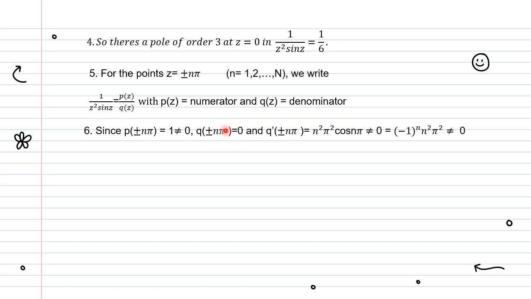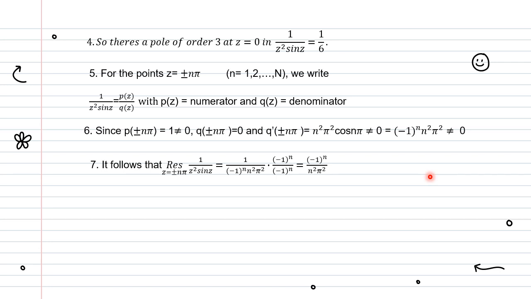Then we notice that in this case there is this certain condition where we're working with plus, minus n pi, and these are the conditions that are given by that.